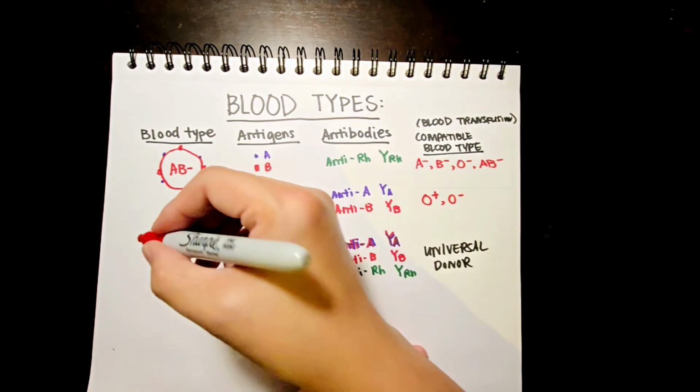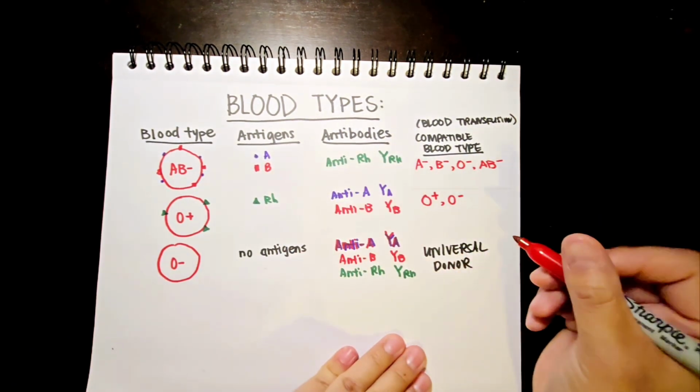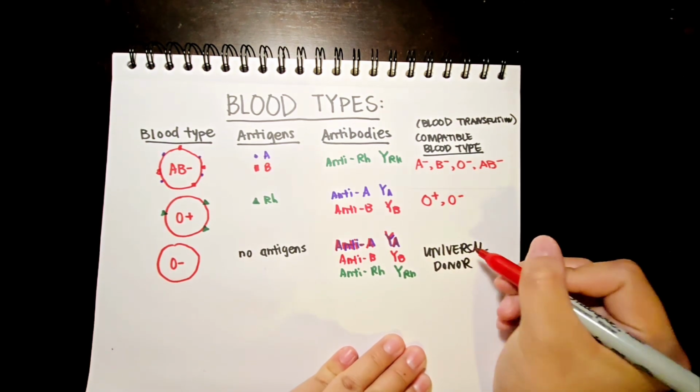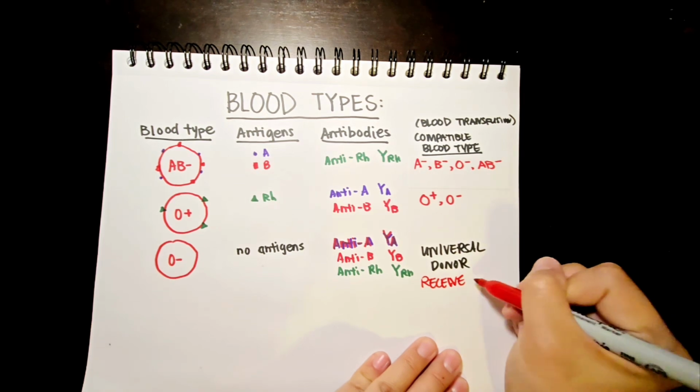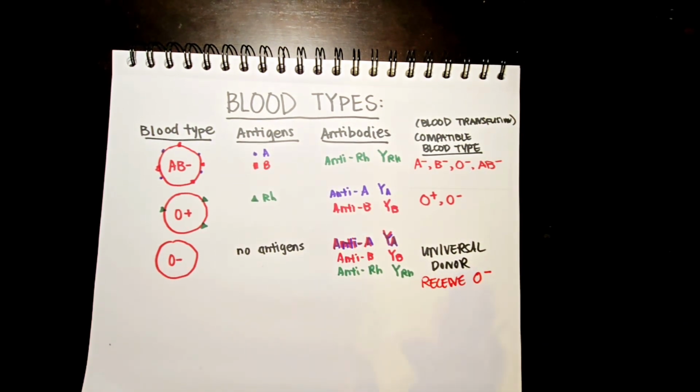Which is why for O negative blood type individual, even though you're a universal donor, you can only receive blood from O negative, nothing else.